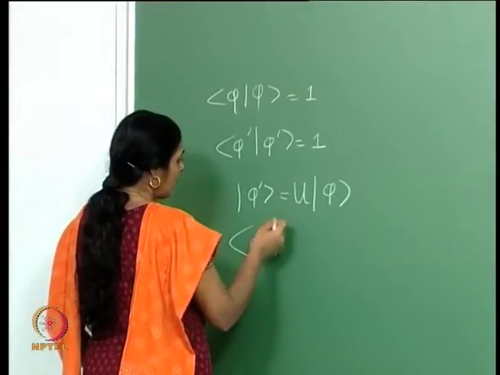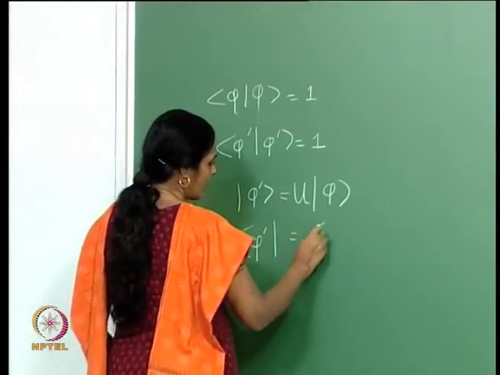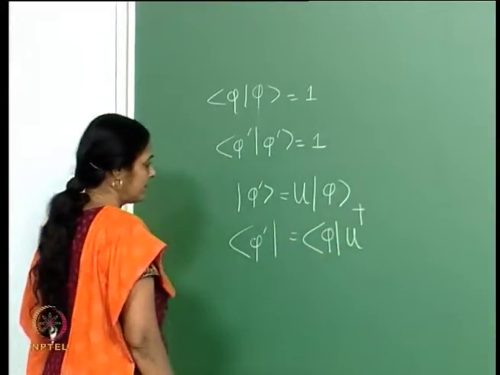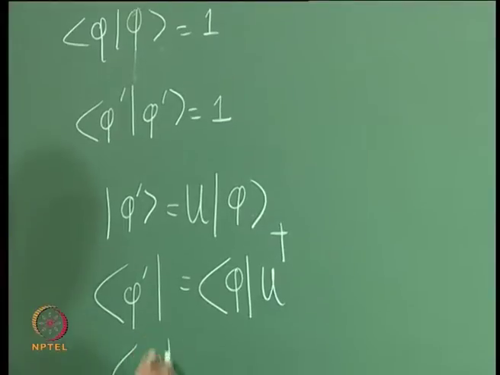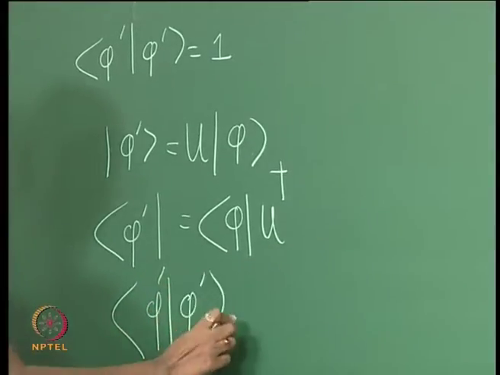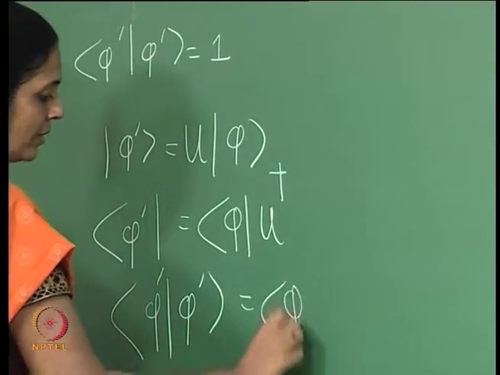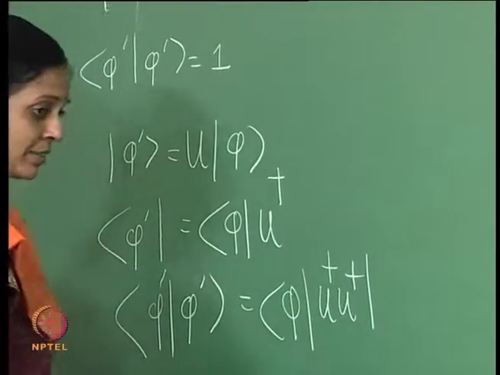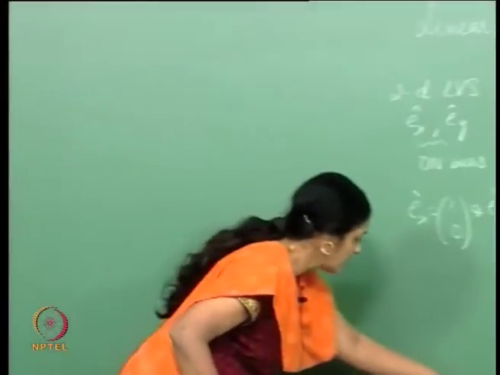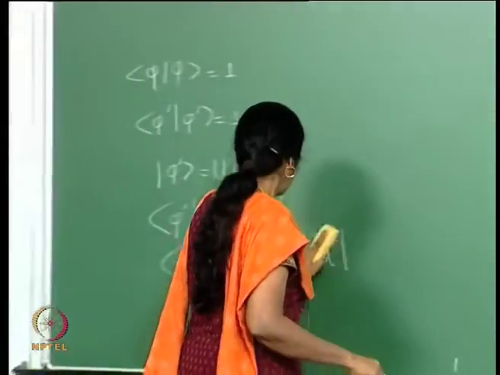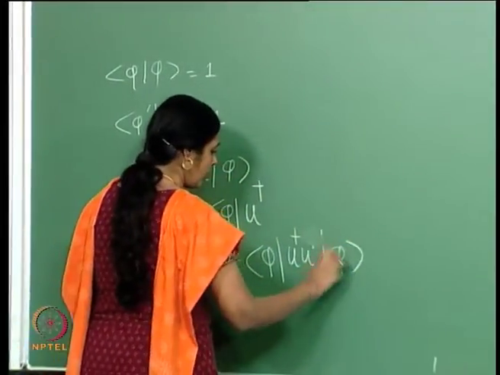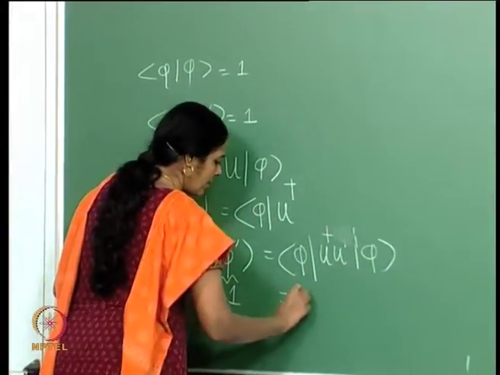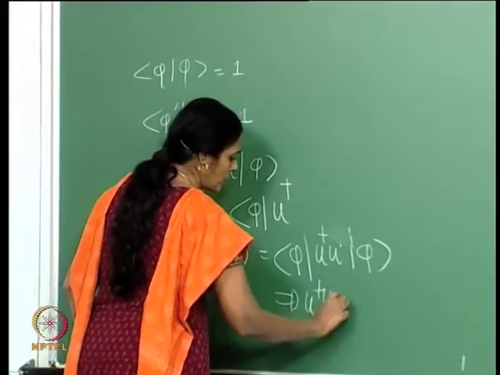So, phi prime bra in the Dirac notation is simply phi U dagger. Therefore, phi prime is equal to phi U dagger U, sorry, phi, and the fact that this is 1 clearly implies that U dagger U is equal to 1.